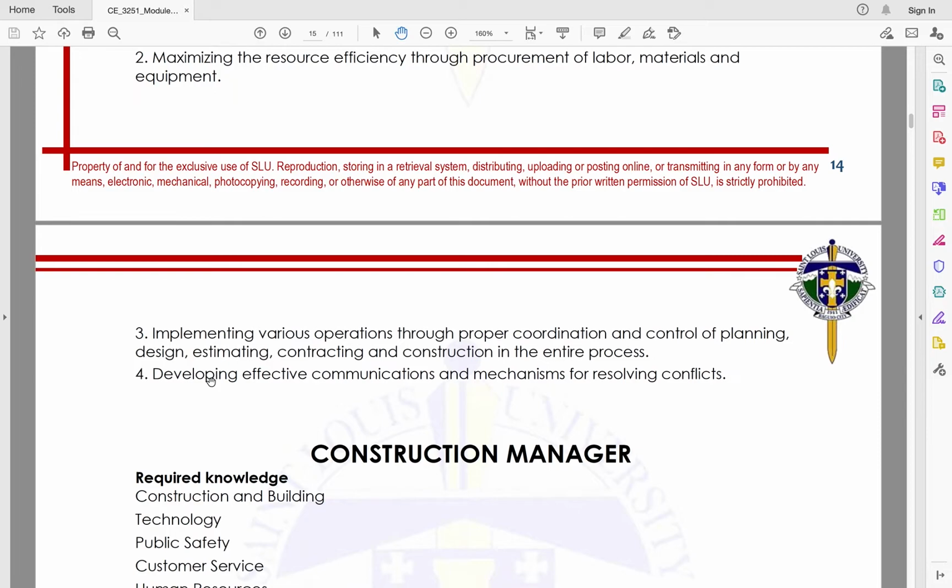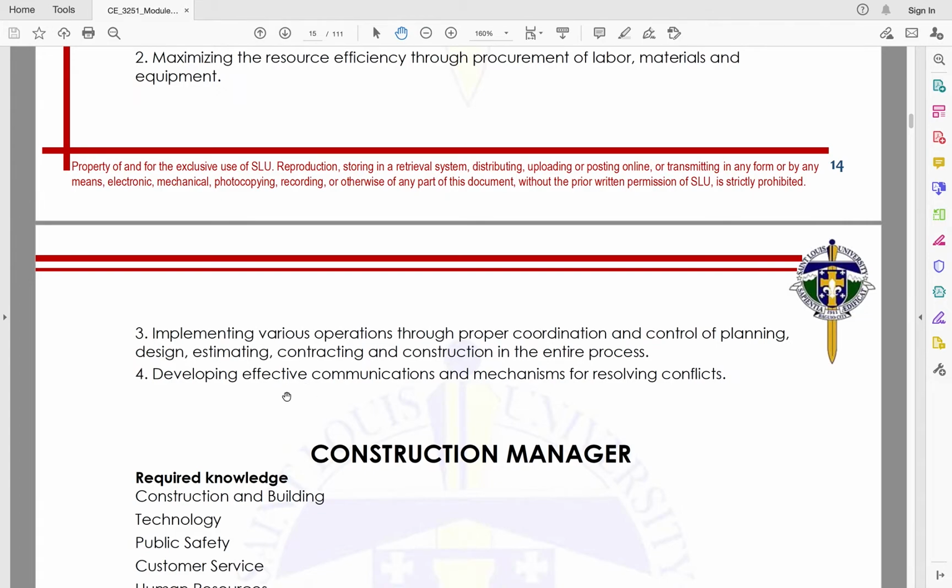Number four, developing effective communications and mechanisms for resolving conflicts. In order to resolve a conflict, you should be a good communicator and mediator at the same time. Because if you cannot communicate the concerns of the different parties involved in the problem, then it would be a difficult process to solve the conflict.